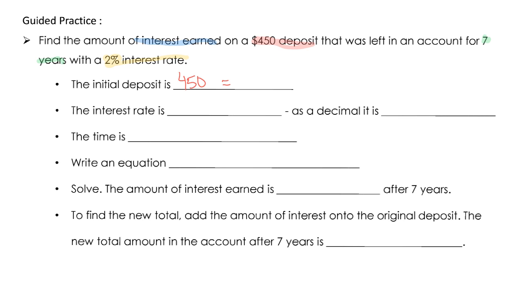That's your principal. That's your P. Your interest rate is 2%, which we're always going to write as a decimal. And remember that 2% as a decimal is 0.02. The time is 7 years.